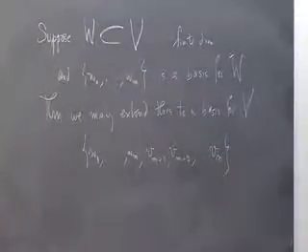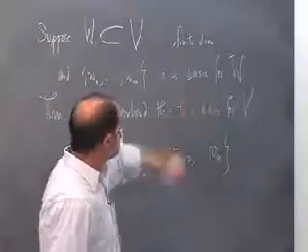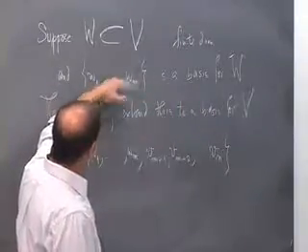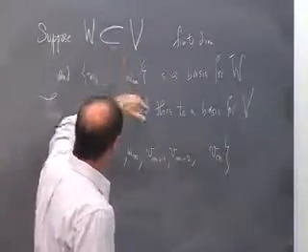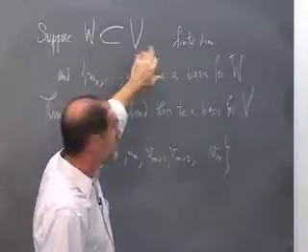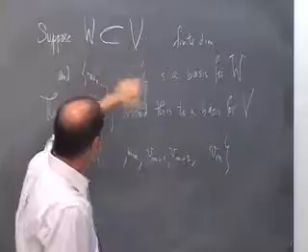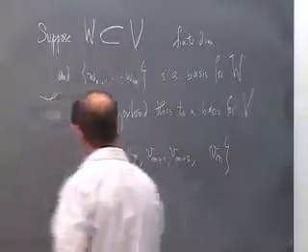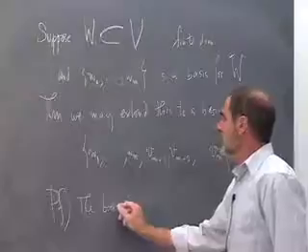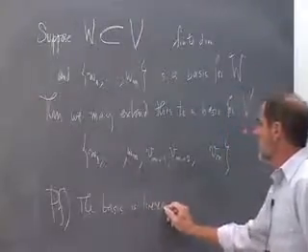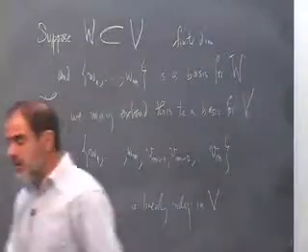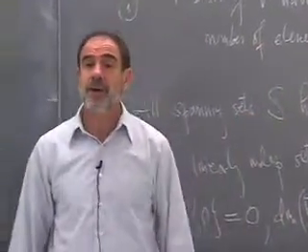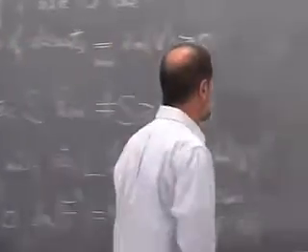Because the original set was linearly independent and spanned W. Well, if it's linearly independent, it's linearly independent in V. If no linear combination is the 0 vector but the 0 linear combination, that's also true in V. You don't have any more linear combinations of this thing in V than you did in W. So this is a linearly independent set in V. And we saw that you can always take a linearly independent set and extend it to a basis. So there it is. That was one of our propositions on linearly independent sets.